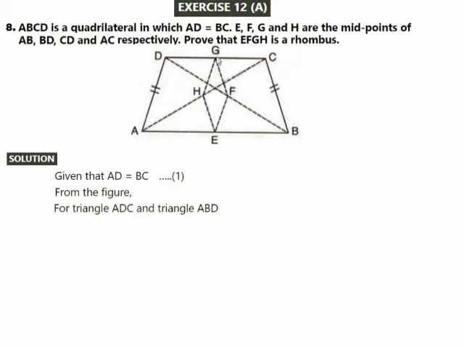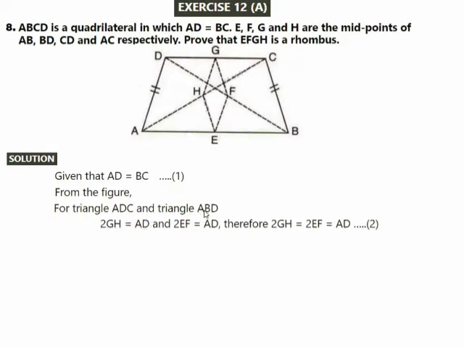Can I say that GH is parallel to AD? Yes. So GH is parallel to AD, and using the midpoint theorem, this AD is going to be double of GH. Okay, so AD is equal to 2 times GH.